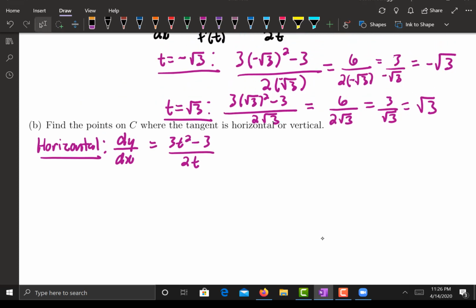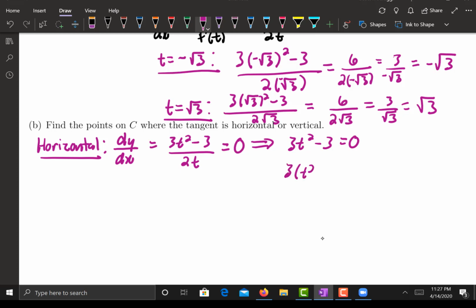And that means I need to have this guy equal to 0. Well, the only way that that's going to equal 0 is if the numerator equals 0. So 3t squared minus 3 equals 0. Well, they have a common factor of 3.